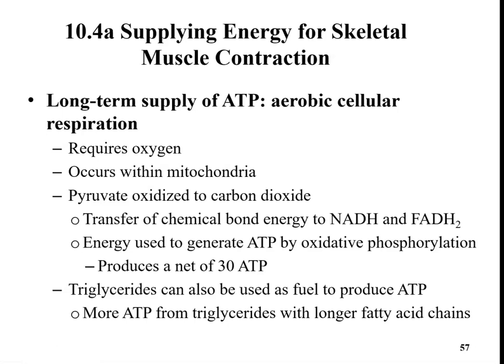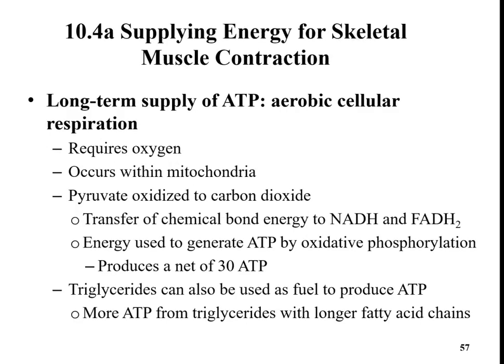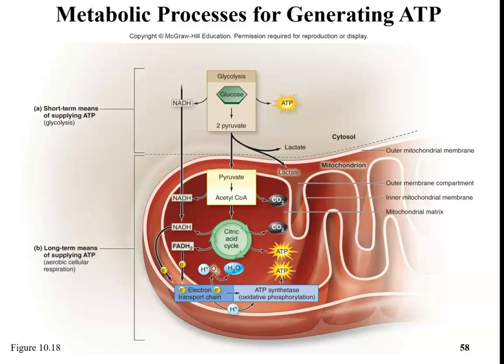Remember that glycogen is the storage form of glucose. It's just a long branching chain of glucose molecules. So muscle cells store glycogen, and that glycogen is broken down to provide short-term supply of ATP and long-term supply of ATP.